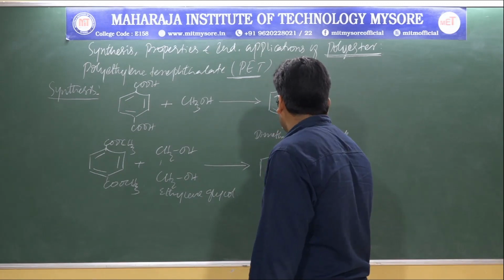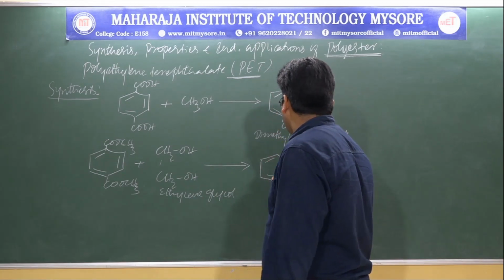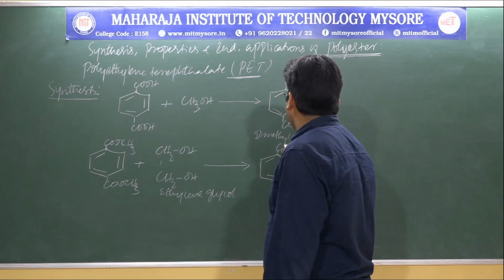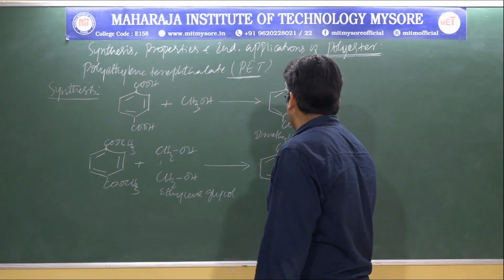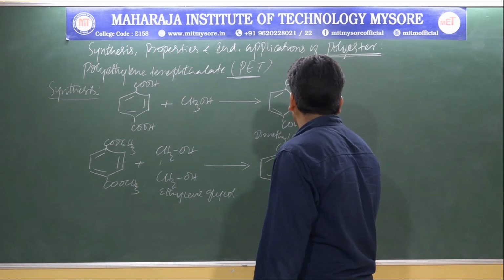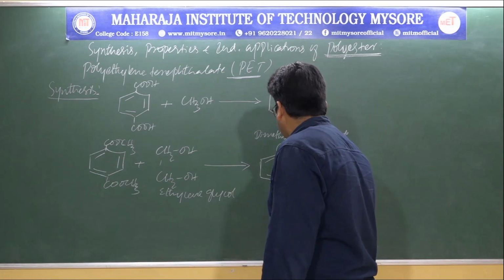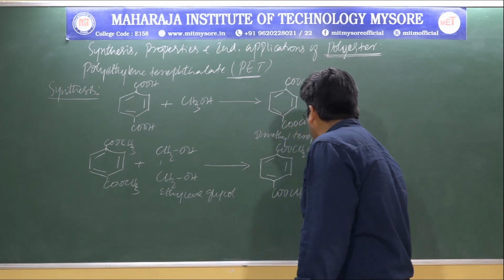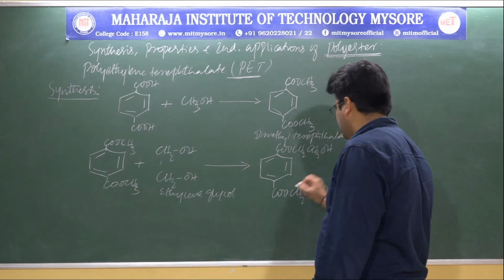terephthalate, and it can be written like this: COOCH2CH2OH, and similarly COOCH2CH2OH.